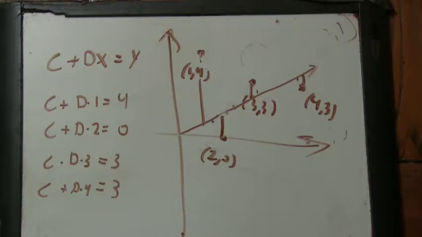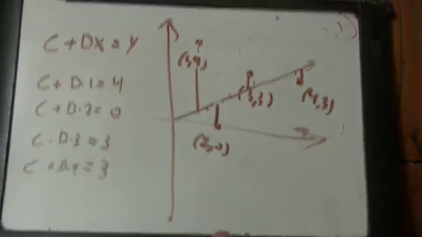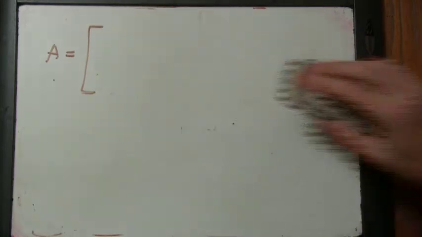Here, let's not erase. Let's go to the second whiteboard. So what are you going to do? We get 3 matrices that we need in order to solve this. We get the matrix A, which has 2 columns, the C and the D coefficients, and the C goes first.